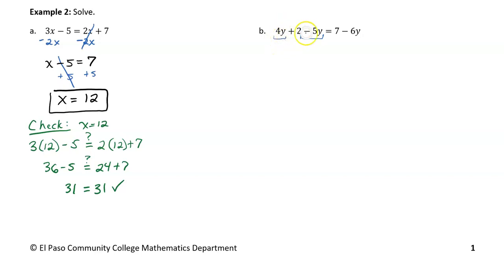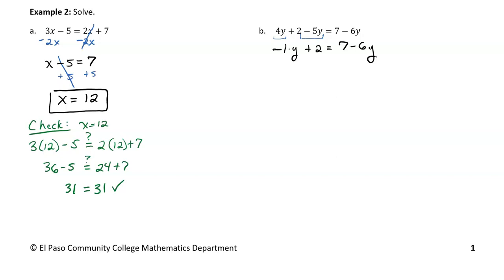So I can combine the 4y minus the 5y, and that gives me a minus 1y. Maybe here we'll write the minus 1 so we can see it. Minus 1y, because 4 minus 5 is negative 1. I still have the plus 2, and that's going to equal the 7 minus the 6y on the other side. Looking cleaner, it's looking nicer.